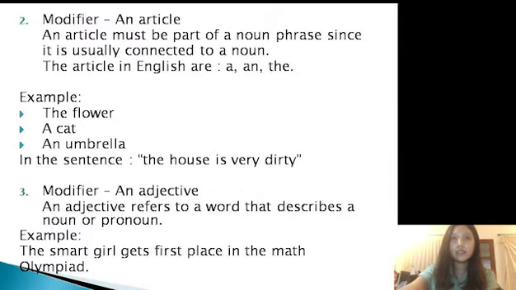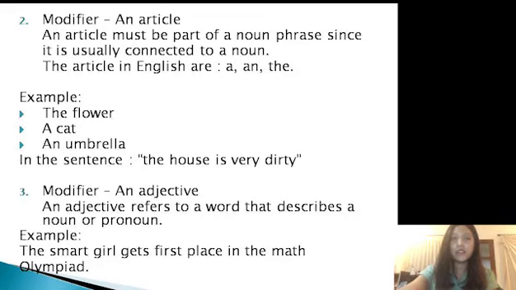Next, the second is modifier. The first is modifier as article. An article must be part of a noun phrase since it is usually connected to a noun. The articles in English are a, an, and the.